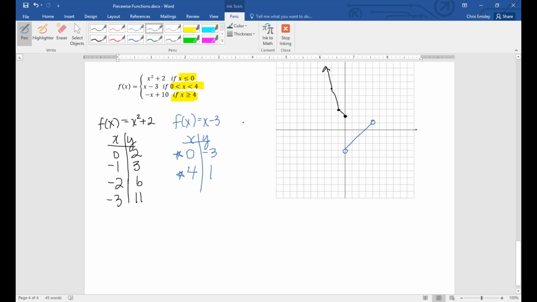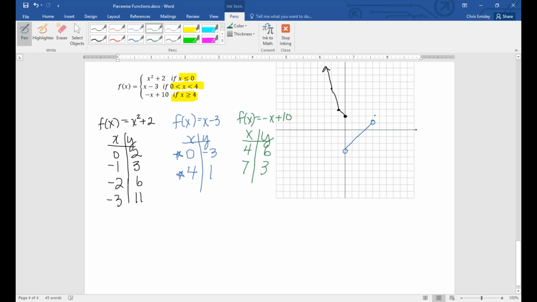And then this final section, again, another t-table. This time I can use values of x that are greater than or equal to 4. So again, this is a linear one, so I don't need too many points, maybe 4 and 7. Negative 4 plus 10 is 6. Negative 7 plus 10 is 3.